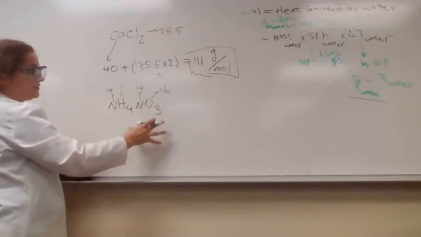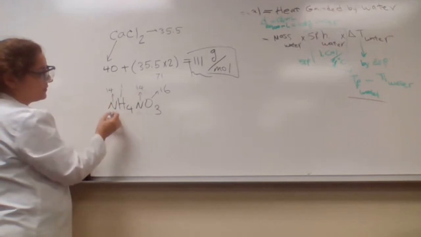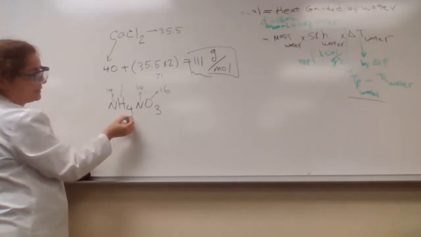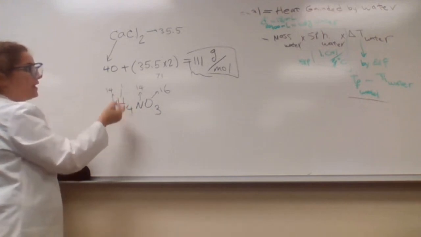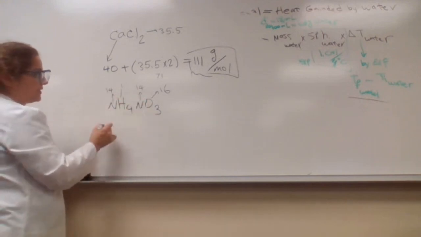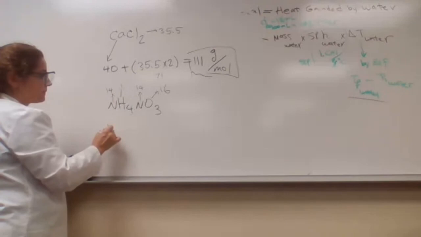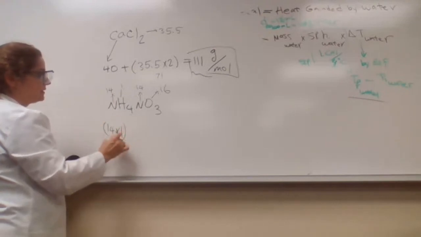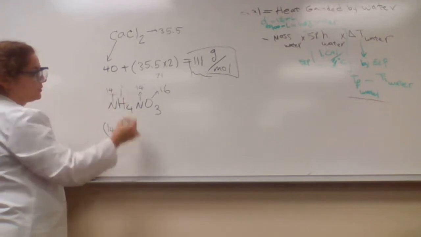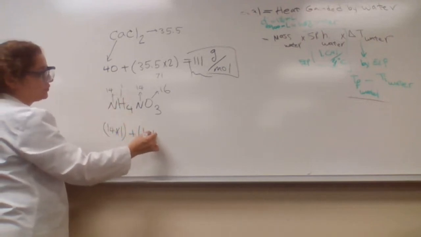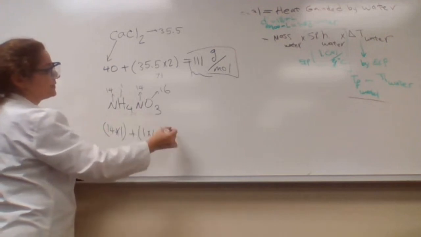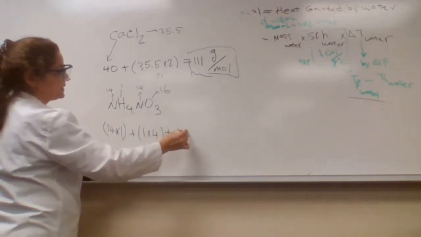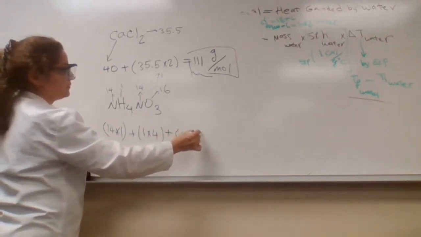But when we are trying to find the formula weight for this compound, we have to multiply this number by the subscript that shows how many hydrogens or how many oxygens you have. So 14, I can say 14 times 1 or just 14, plus here we have 1 times 4 because we have 4 hydrogens, plus 14 times 1 for 1 nitrogen.